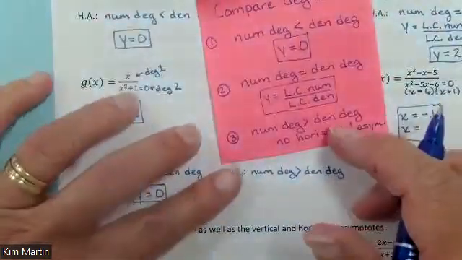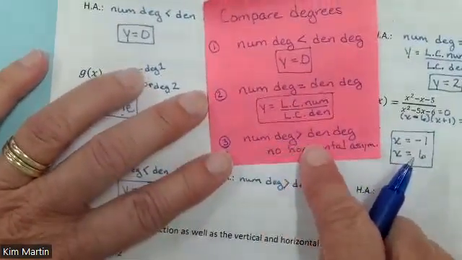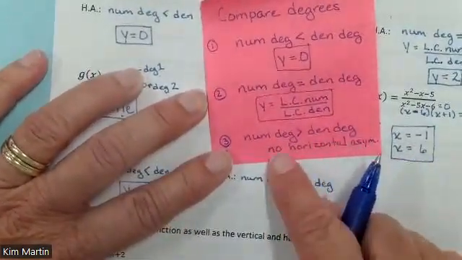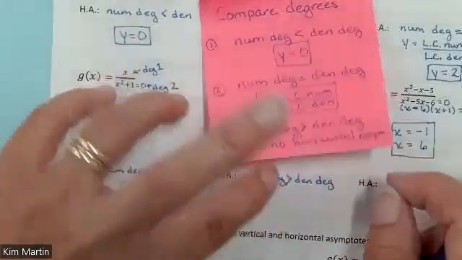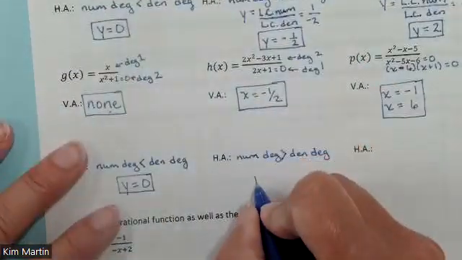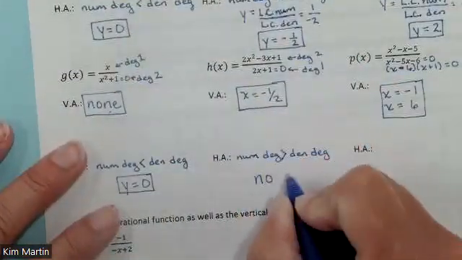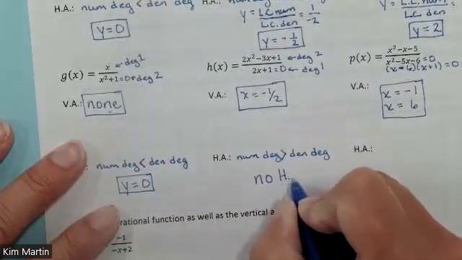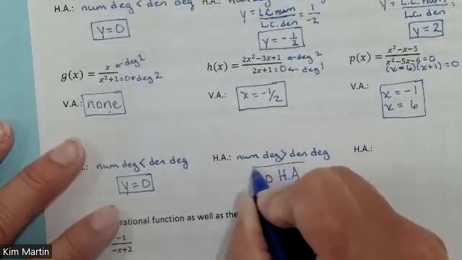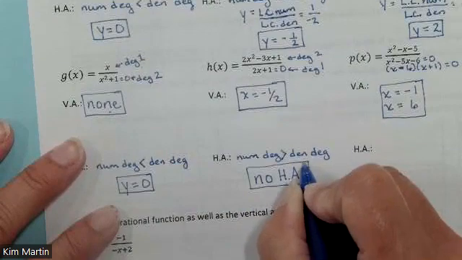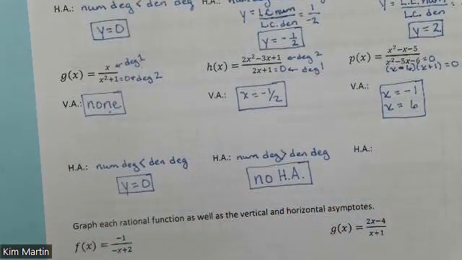You know how I know that? I'm looking at my handy dandy notes right here. Numerator degree is greater than denominator degree. That means there's no horizontal asymptote. So I am just going to abbreviate no horizontal asymptote, HA. Okay, you want to spell it out, spell it.